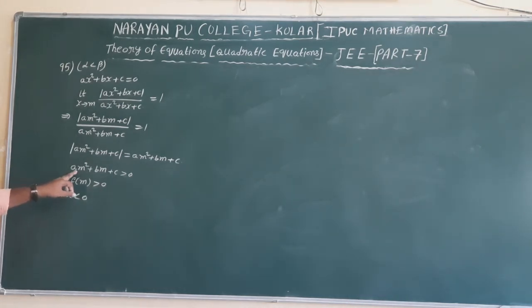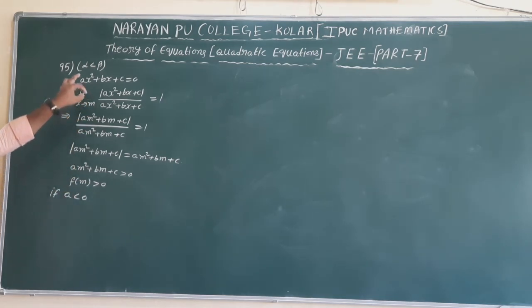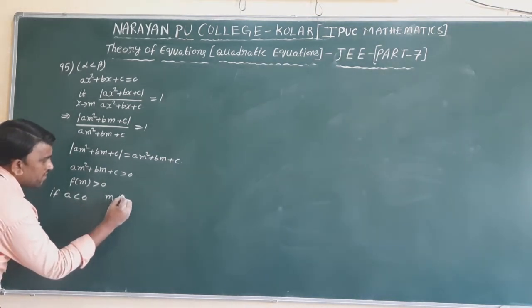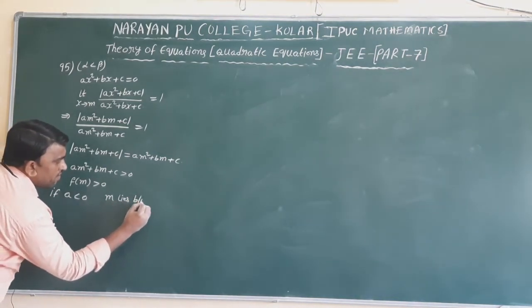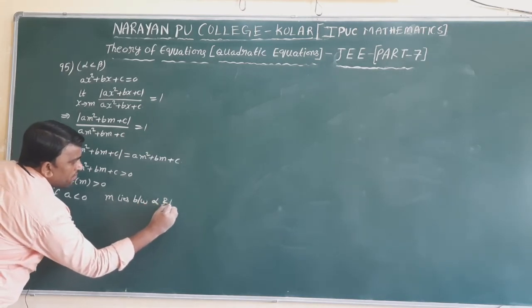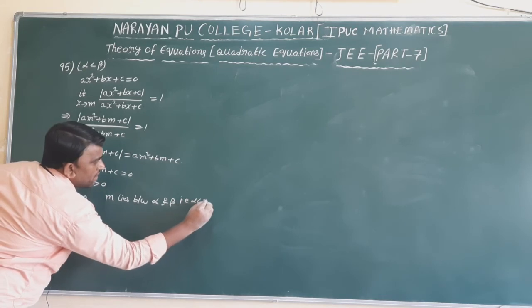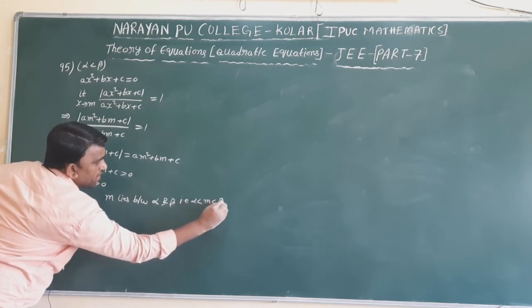If a is less than 0, a negative value, from the graph of the quadratic function we studied, any value lies between the roots whenever the coefficient of x square is less than 0. So a is less than 0, m lies between alpha and beta, that is alpha is less than m, less than beta.